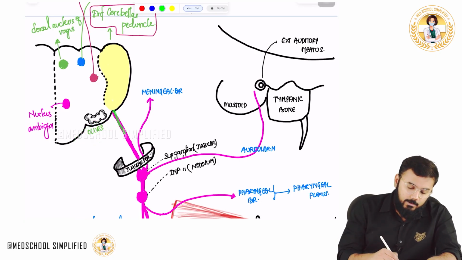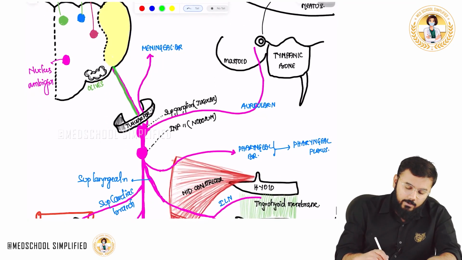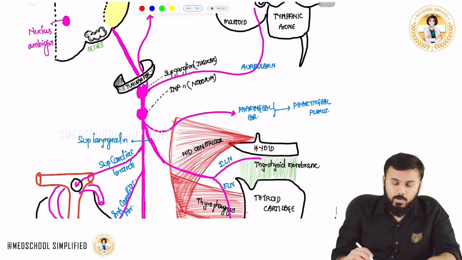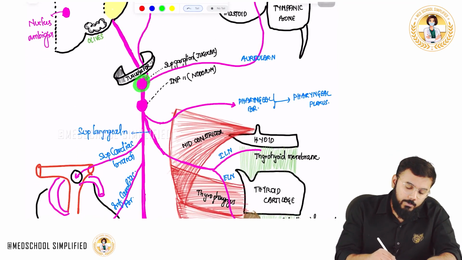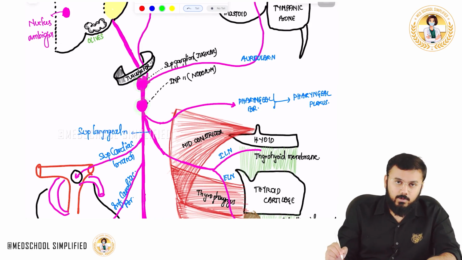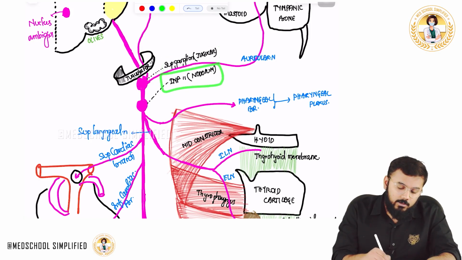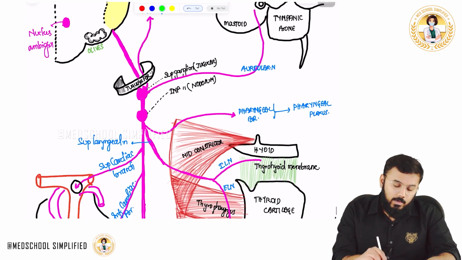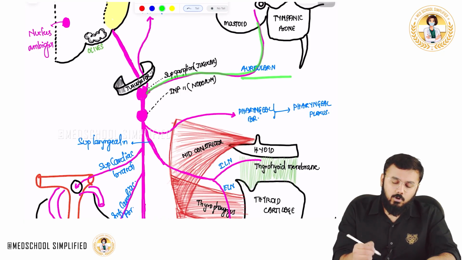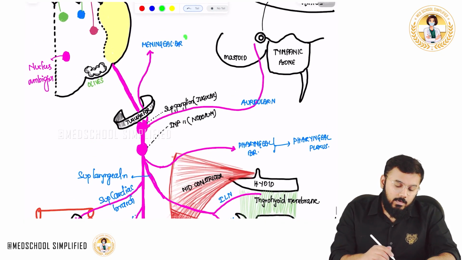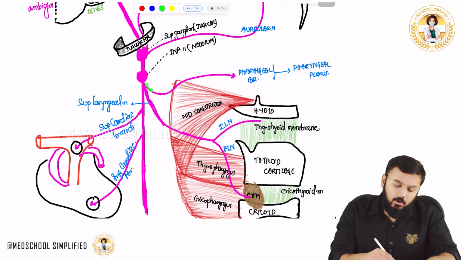Then it comes in between like this, and it ends up in two important ganglia: the superior ganglion, called the jugular ganglion, and the inferior ganglion, called the nodose ganglion. Next, the superior ganglion gives out a branch, the auricular nerve, and another branch, the meningeal branch. Next, the inferior ganglion gives out the pharyngeal branch, which later forms the pharyngeal plexus.